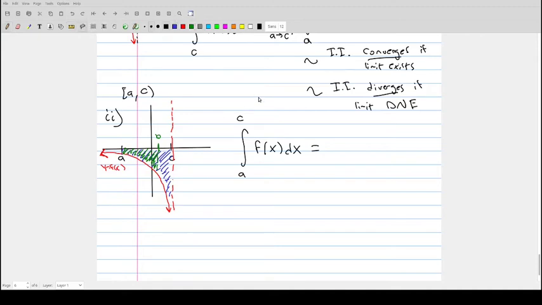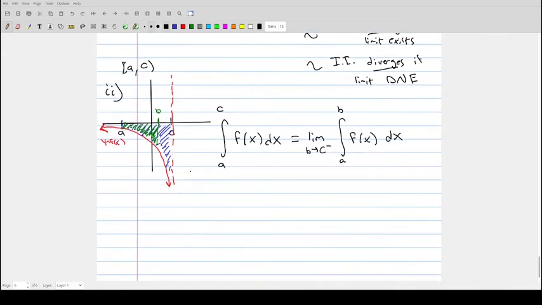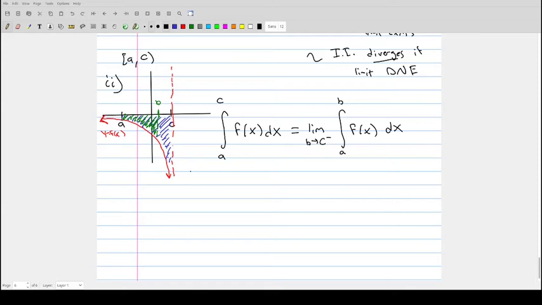It will converge if the limit as b approaches c from the left now of the integral from a to b of f of x dx exists. So the improper integral converges if the limit exists, and it diverges if the limit does not exist.